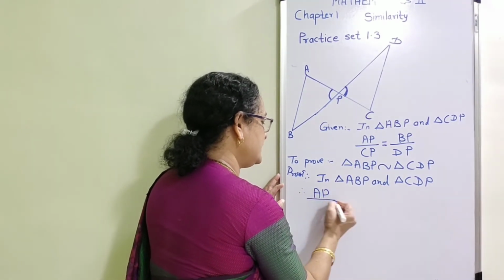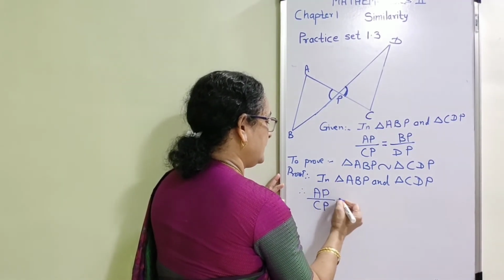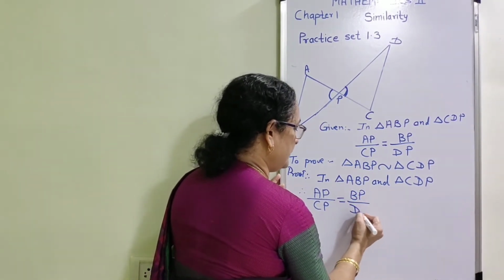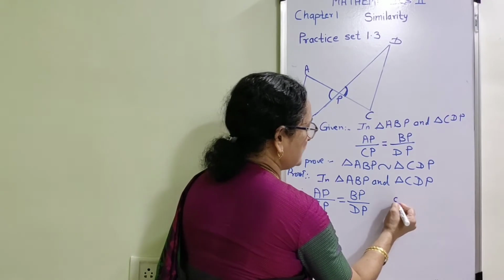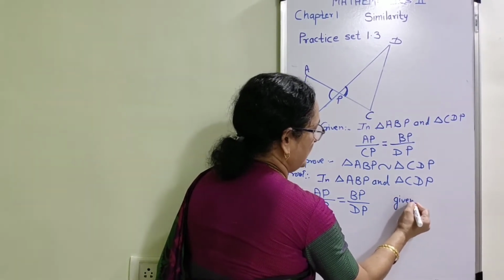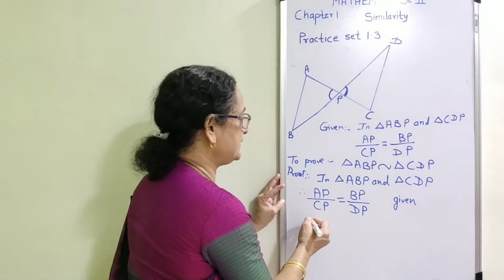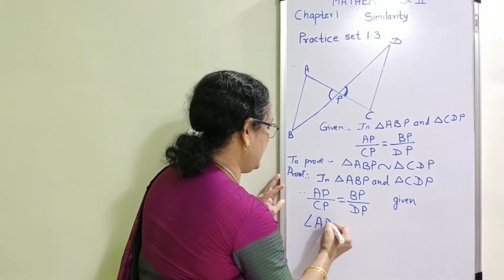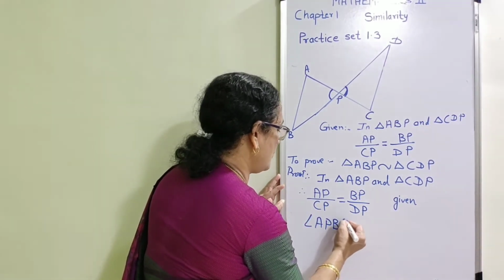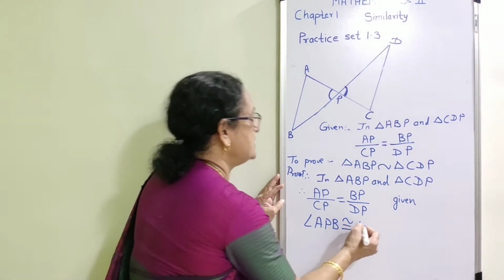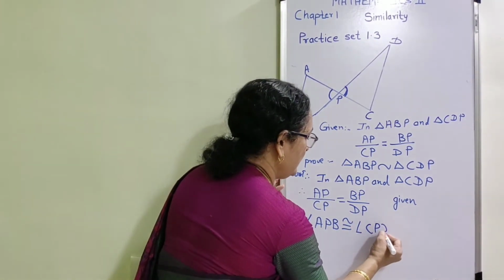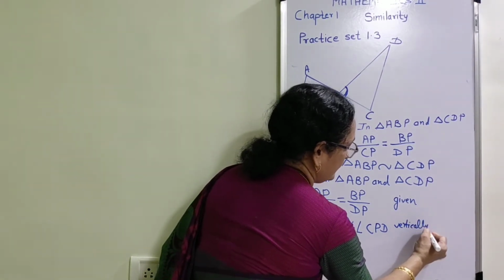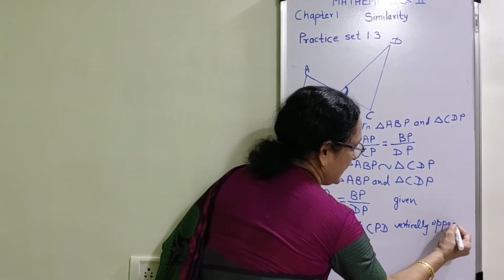AP upon CP is equal to BP upon DP, that is given. Now write the pair of angles, vertically opposite angles. Angle APB is congruent to angle CPD. The reason is vertically opposite angles.